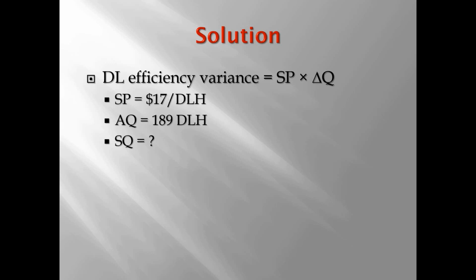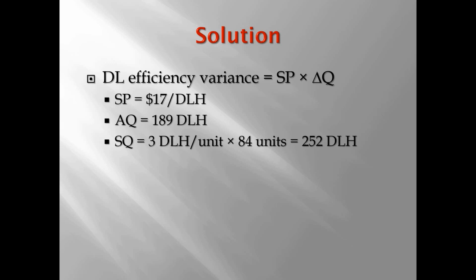We know the standard price, $17 per labor hour, and we know the actual quantity of labor used, 189 labor hours. But what is the standard quantity? That amount wasn't given, but we have enough information to figure it out.